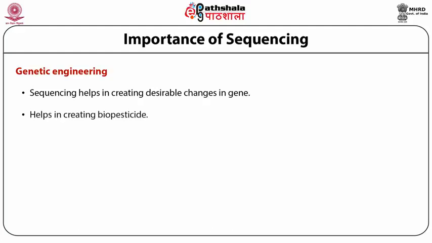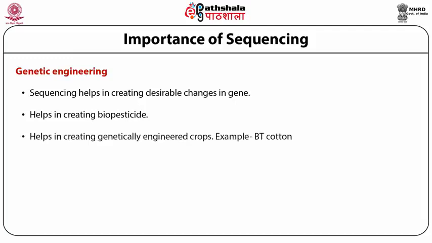It can help in creating biopesticides, as pesticide is a major problem nowadays. So this can help in eliminating the problem of pesticide, and by using the DNA sequence of natural pesticides, we can insert these sequences in the existing crops and create genetically engineered crops.